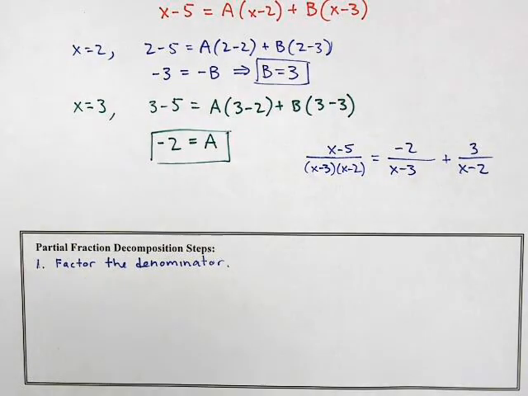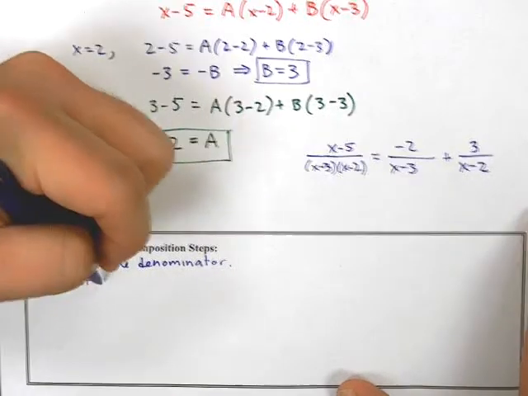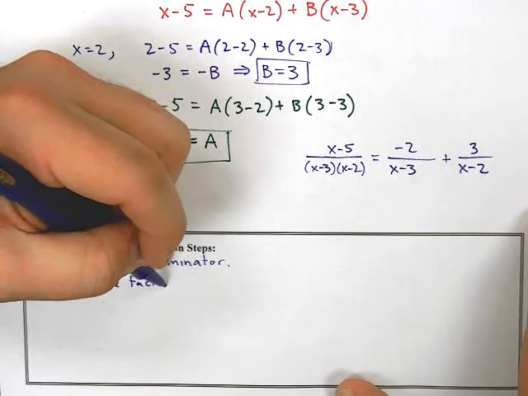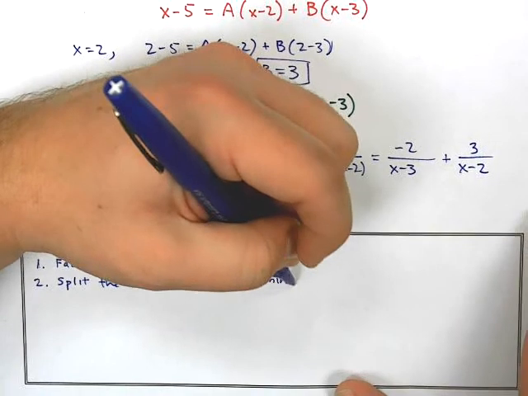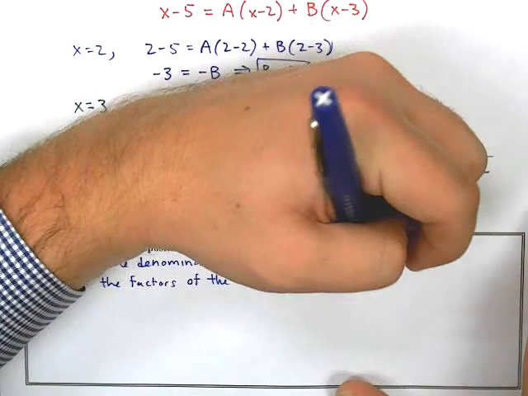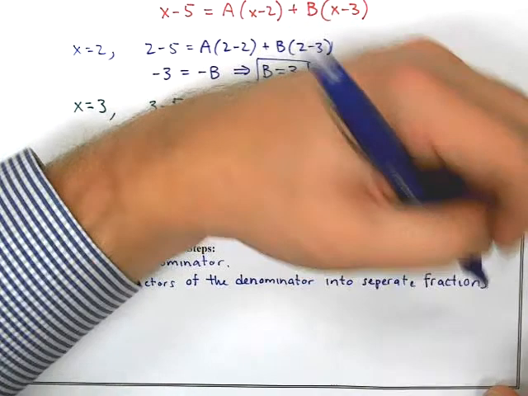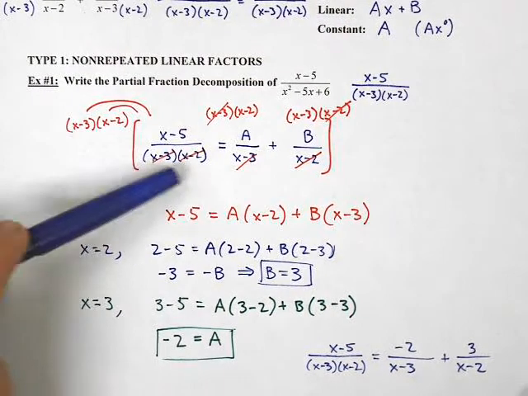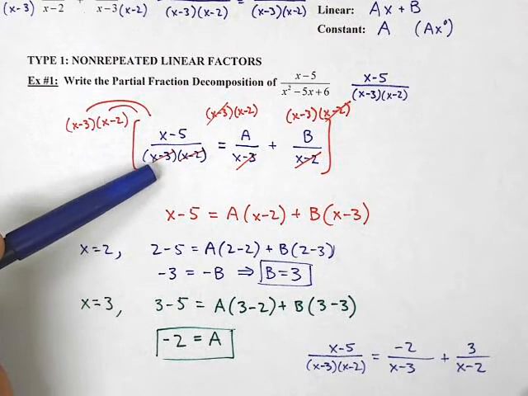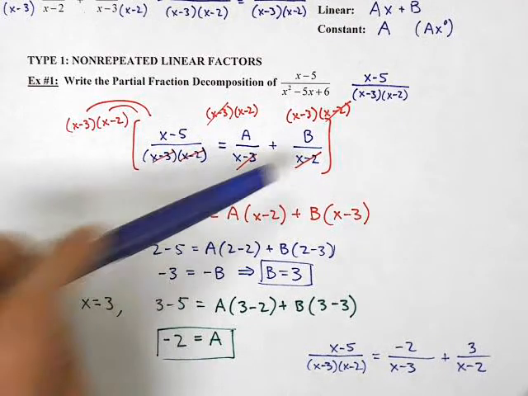Once you have the denominator factored, you're going to be able to split the factors of the denominator into separate fractions. Just to highlight this, this is what I did right here. I had my two factors and I split the factors into their own separate fractions.